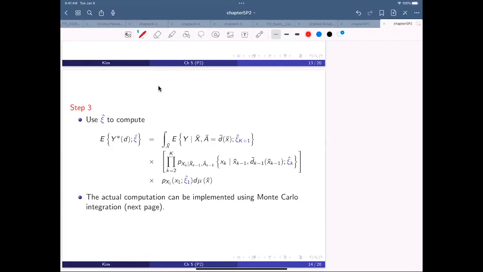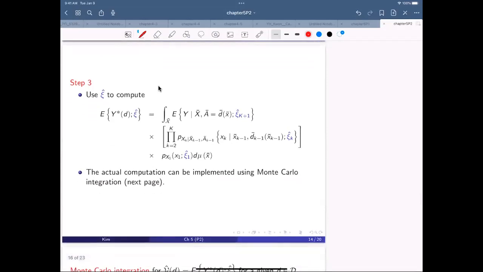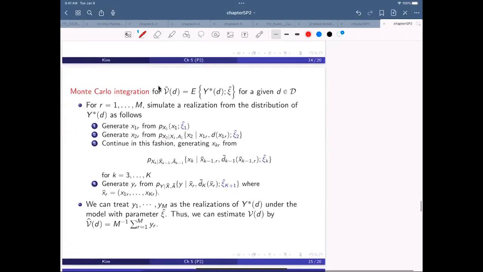But anyway, under the model, you can write it in an integral form. The actual computation of this integration may involve Monte Carlo sampling, or simulation. So Monte Carlo integration could be, for example, given the parameter, you generate x1, and then plug x1 into your particular d, because d is a function of the x values.